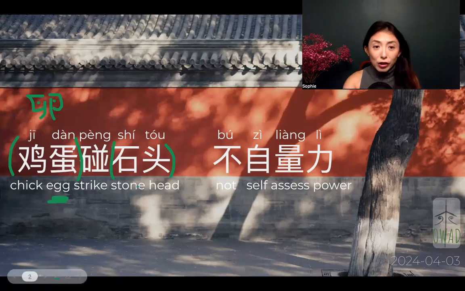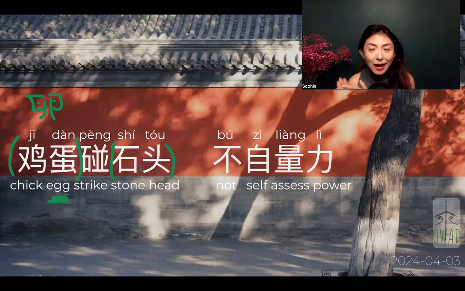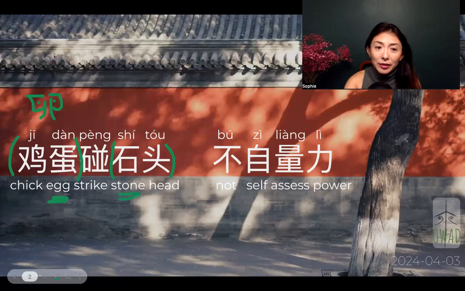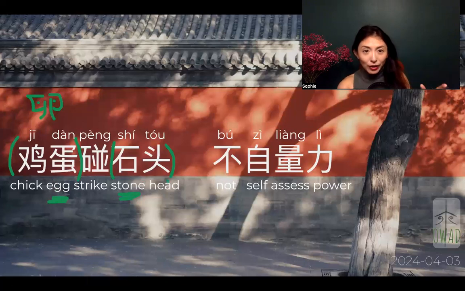Okay, 石头, again, two characters in Chinese to pin down just one simple concept in English. It means stone. So the whole thing is just egg strike on, or hit on, stone. But Chinese has to use two characters to describe it as two simple things.